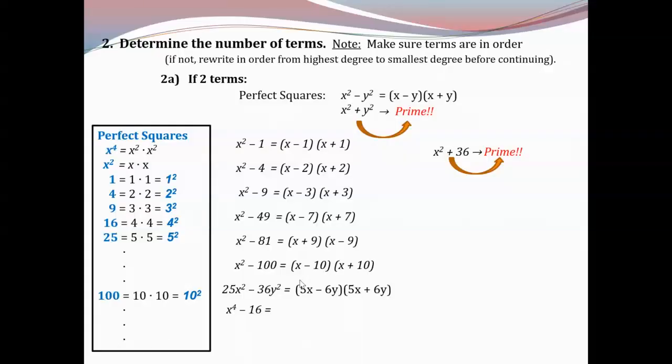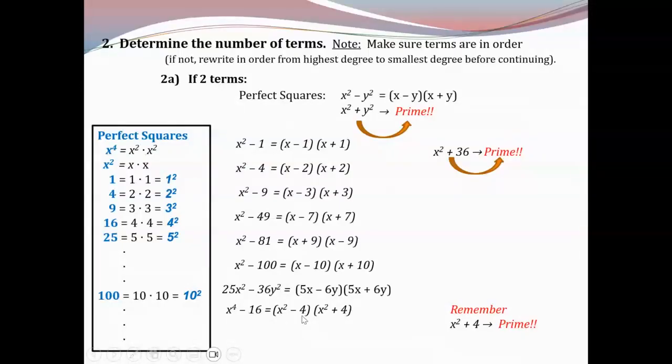How about x to the fourth minus 16? Here, x to the fourth is also a perfect square. X to the fourth is the same thing as x squared times x squared. And 16 is a perfect square because 4 times 4 will give me 16. So this will give us x squared minus 4 and x squared plus 4. Now, if you notice, the x squared plus 4 cannot be factored any further.